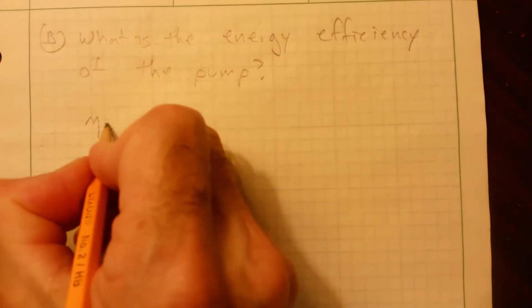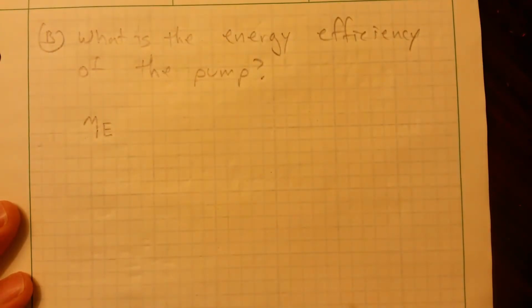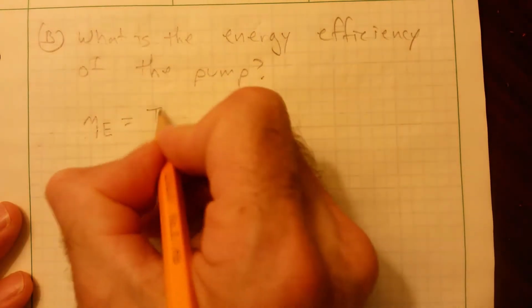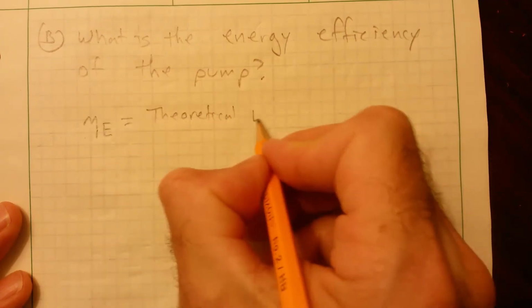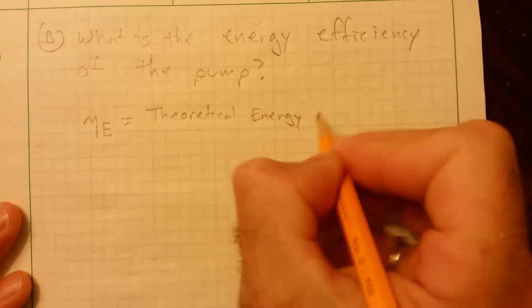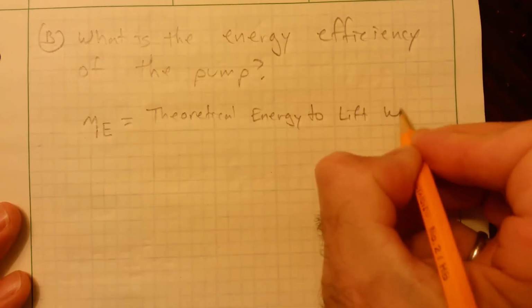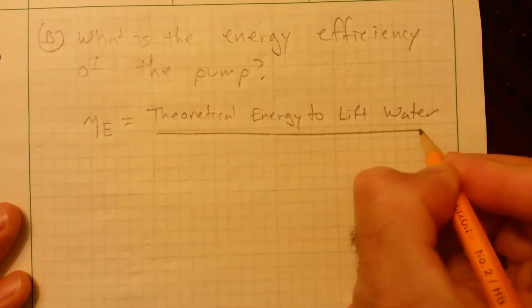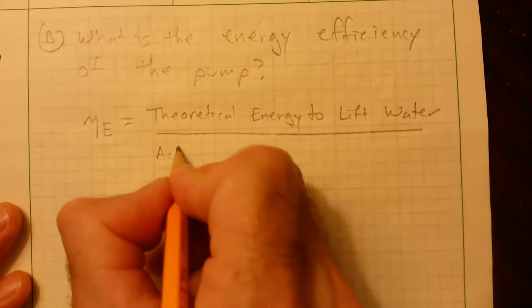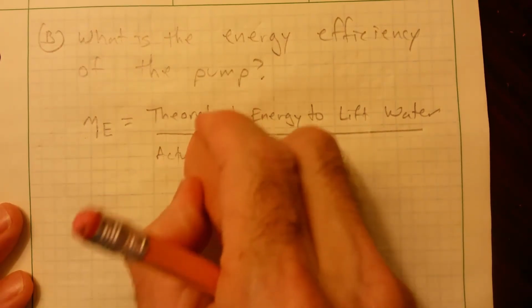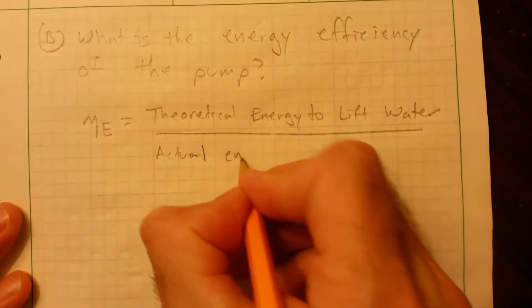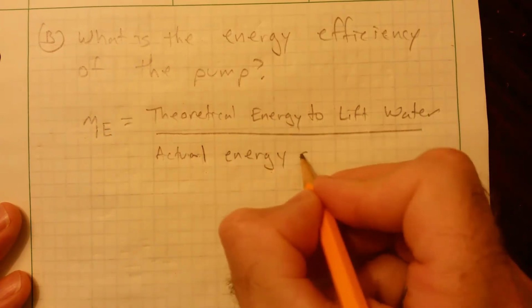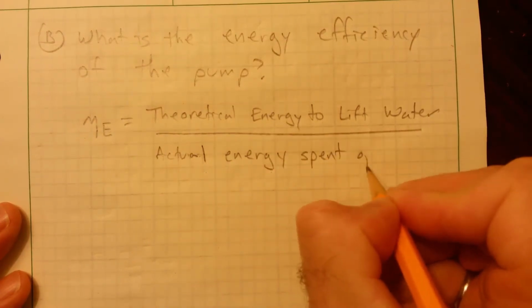The energy efficiency is written as eta sub E, and that's the theoretical energy to lift the water a particular height, divided by the actual energy spent operating the pump.